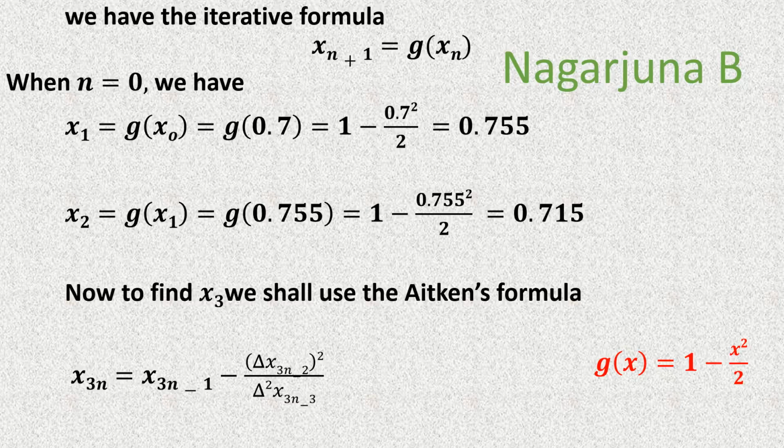Delta x is the first difference, whereas delta squared x is the second difference, which we shall calculate.